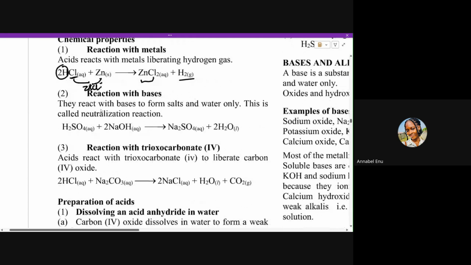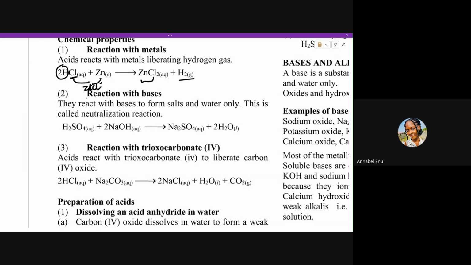And then the next reaction of acid is that it reacts with a base. That's the simple one we know, and that's what we do in simple acid neutralization reaction. When acid reacts with base, it will always give us salt and water.